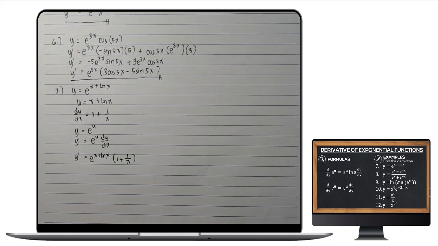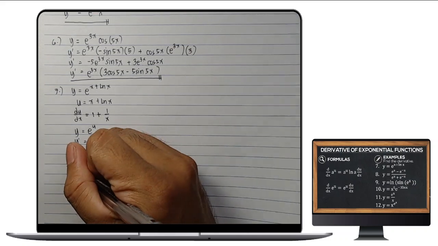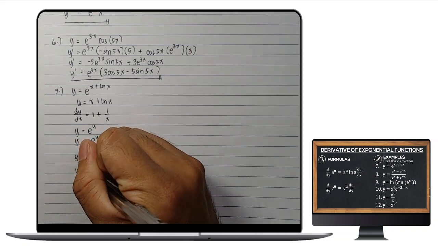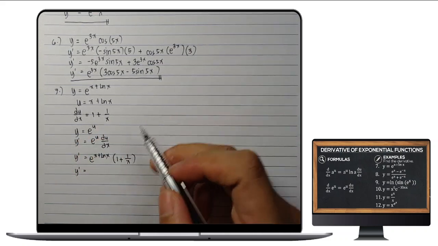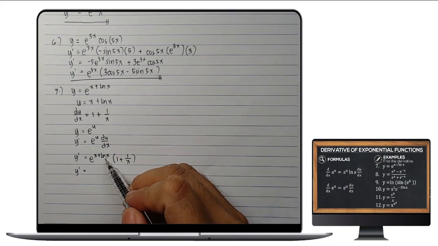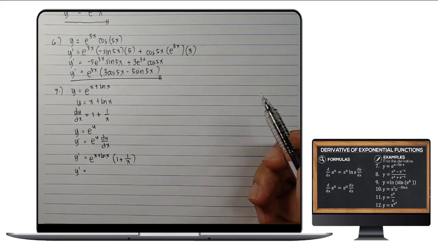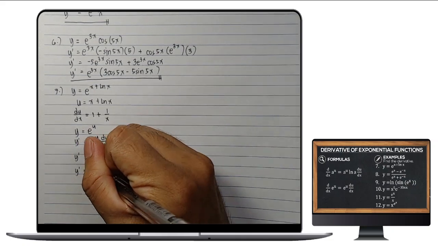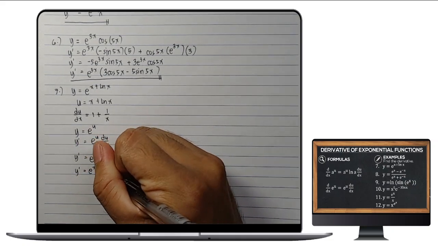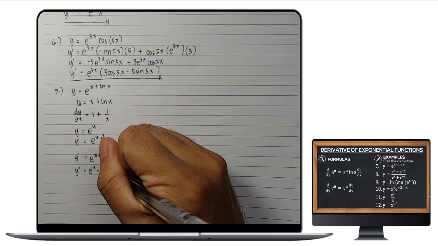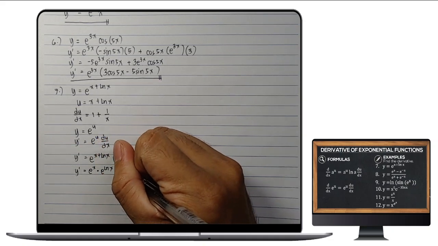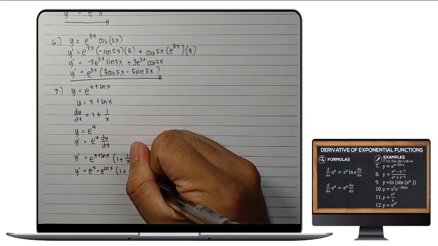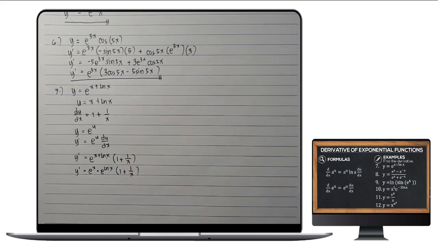Okay, so you can present your answer like this, or applying properties of exponents, e raised to x plus ln x, we can write it as e raised to x multiplied by e raised to ln of x multiplied by 1 plus 1 over x.